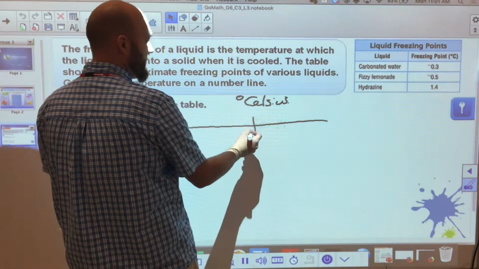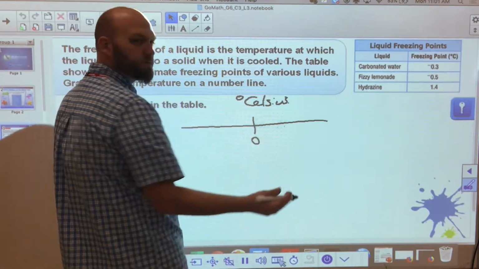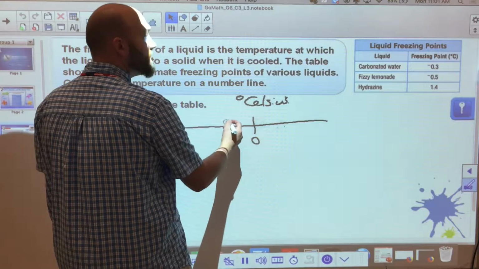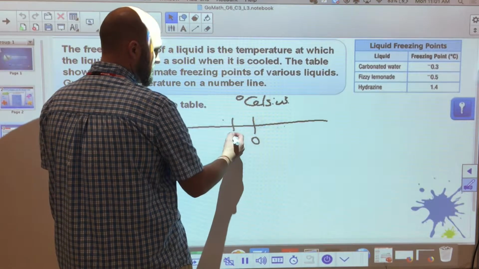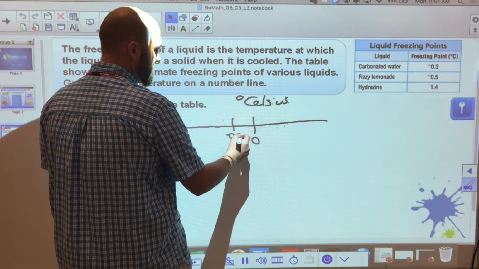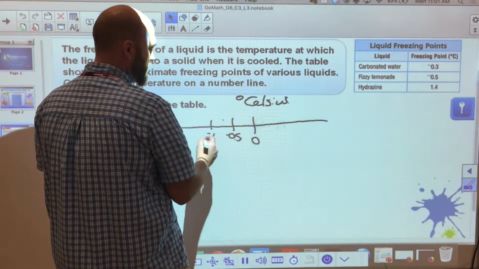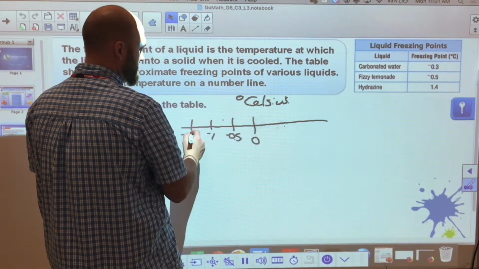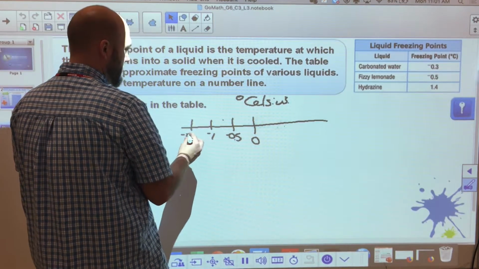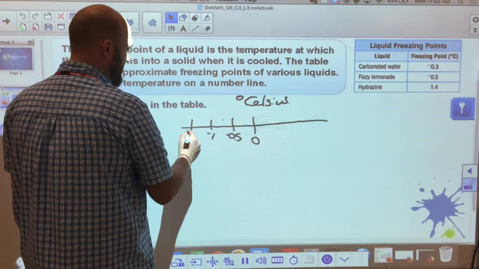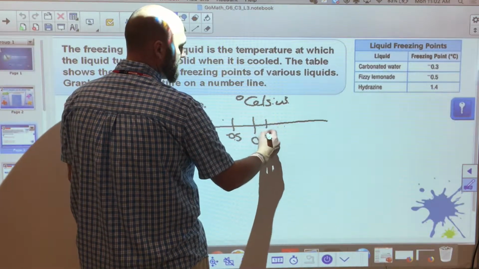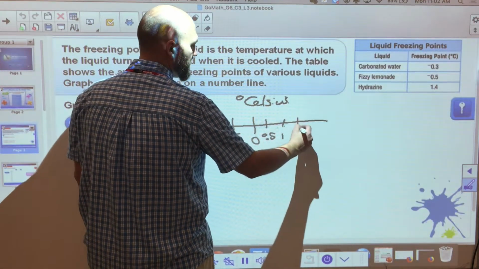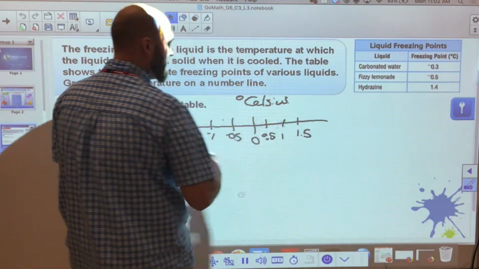And I'm going to start here. And I have 0. We'll start at 0. And then we'll move negative. Let's do -0.5, then -1, then -1.5, because I'm dealing in a lot of decimals here. Over here is going to be 0.5, then 1, 1.5, and we get an idea.